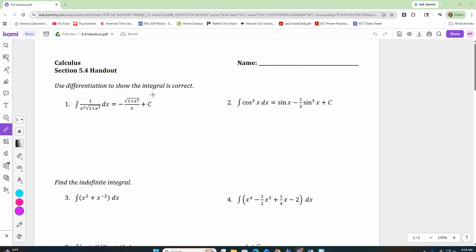So basically, this is the integral. I'm asking you, do the derivative of this side, and you should get this expression right here. So we're kind of working backwards there. You're doing the derivative of the right to show that you get the left.